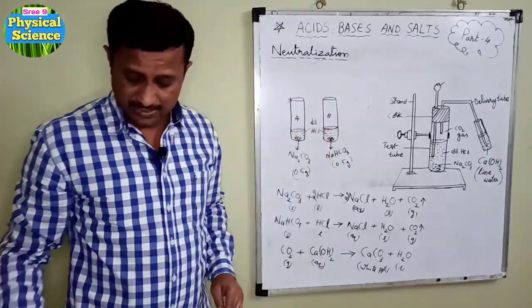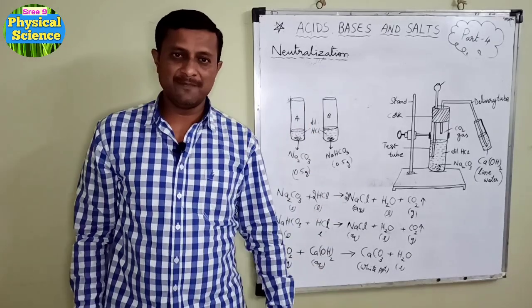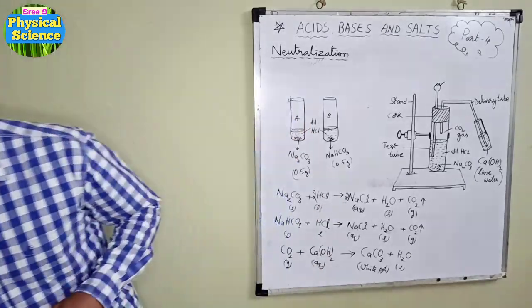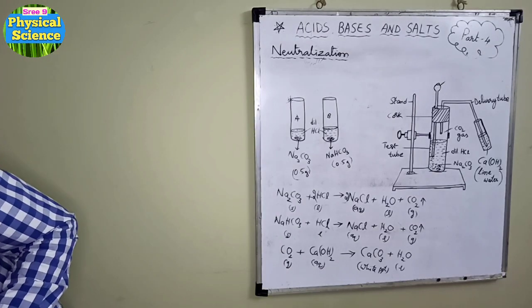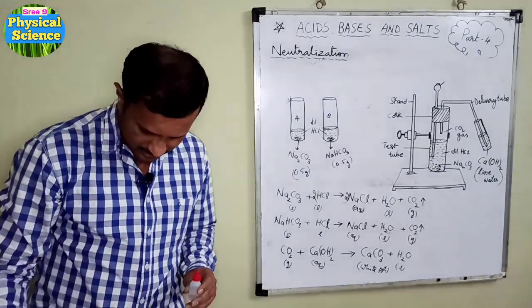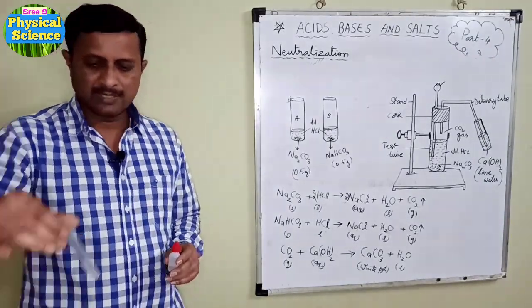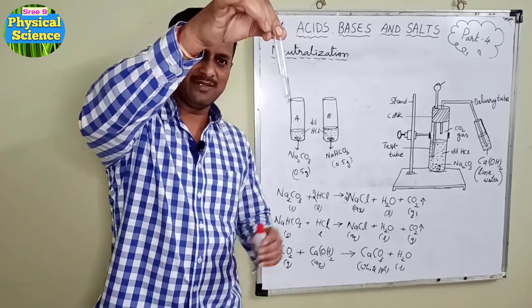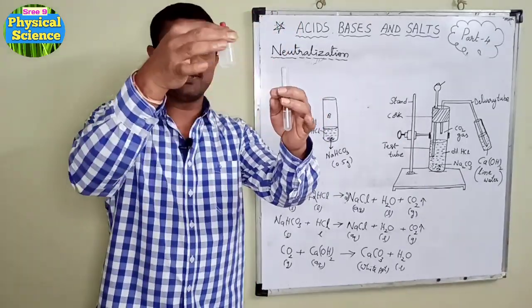Now before I explain the term neutralization, here we are going to do a small activity. Just wait. Here this is a base solution. So here I am adding phenolphthalein.